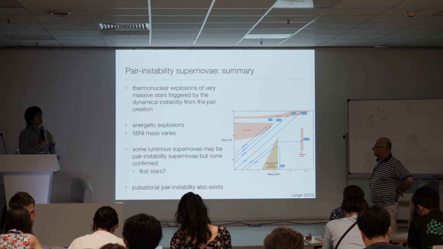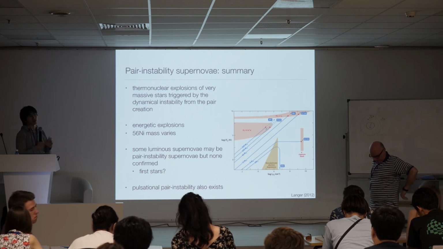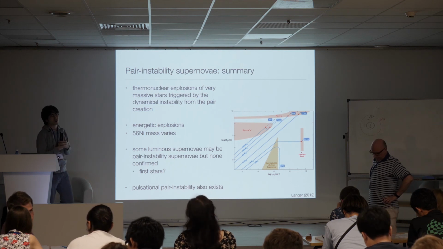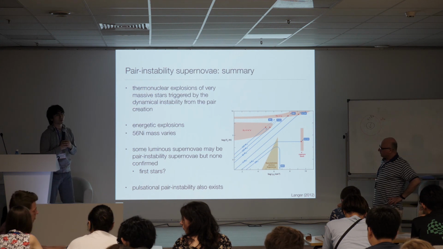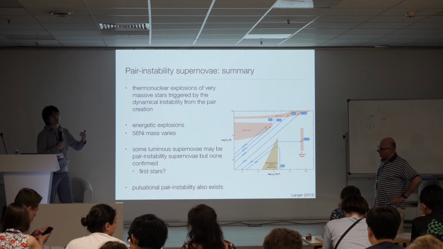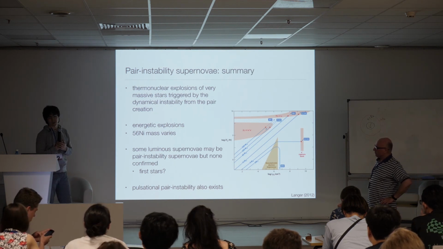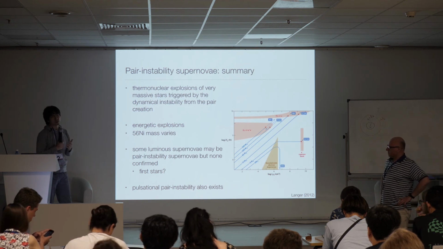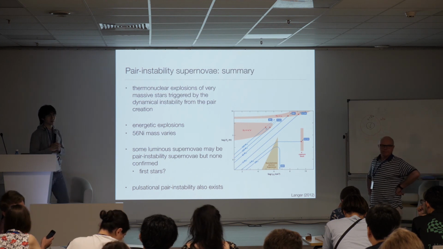Then maybe one in 1,000 core collapse supernovae may be a pair instability supernova if the metallicity is below 1/3 of solar. But this really depends on how stars lose mass, so it's hard to tell the fraction. We can make some estimates, but there are many assumptions in there.